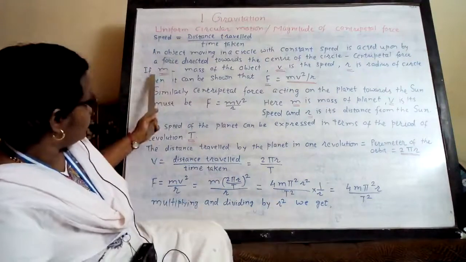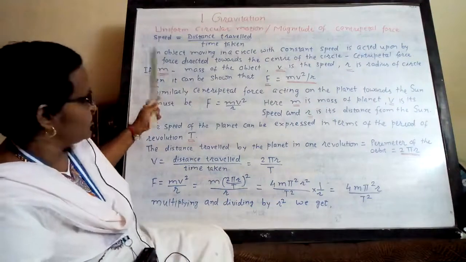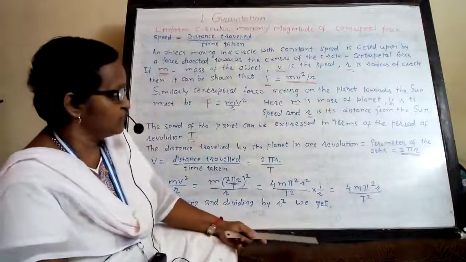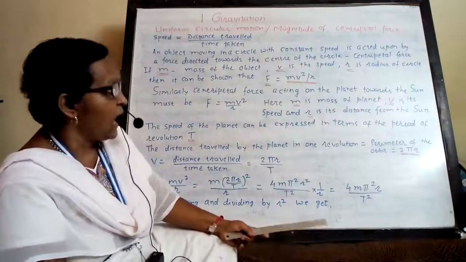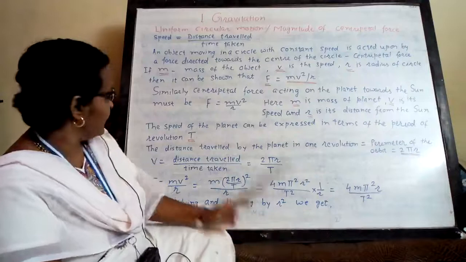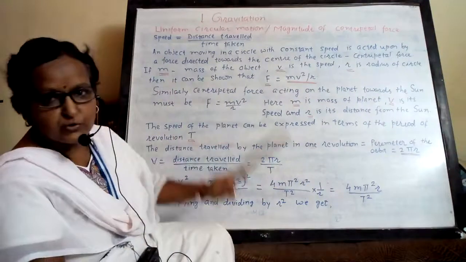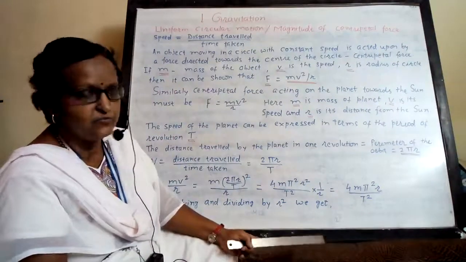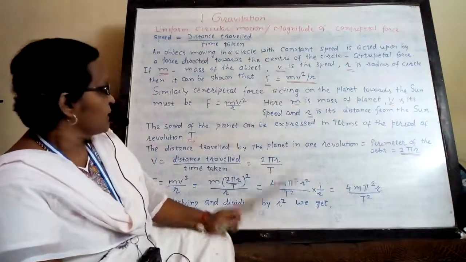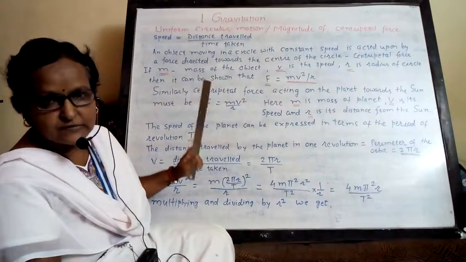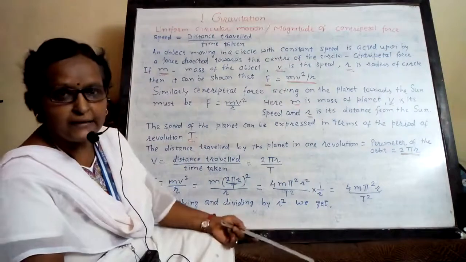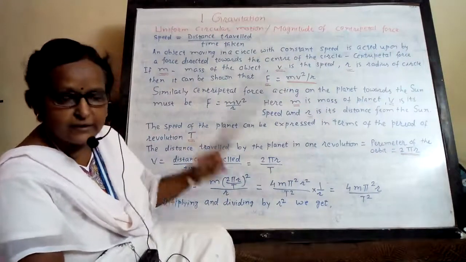Now we know very well, m is the mass of the object, v is the speed or velocity of the object, and r is the radius of the circle. Then it can be shown that F is equal to mv square upon r. Now we consider this regarding the planet and the sun, as we studied yesterday.